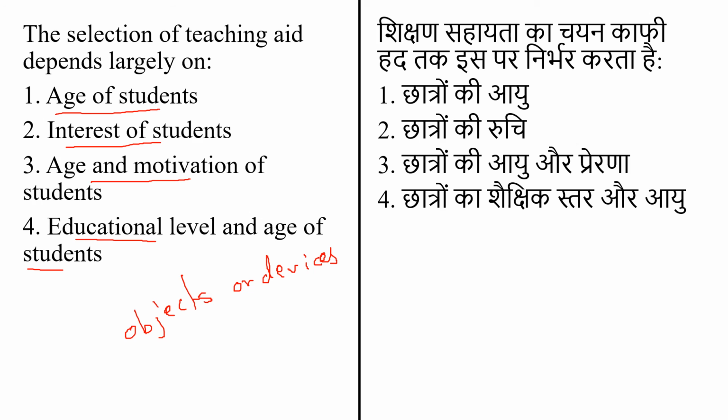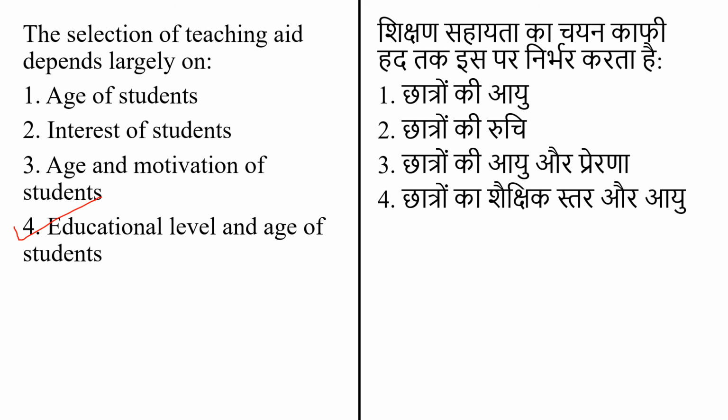The student will get confused. So the educational level and the age of the student matter while selecting the teaching aid. Therefore the correct answer for this question is option number 4. Selection of teaching aid depends largely on the educational level and the age of the student.